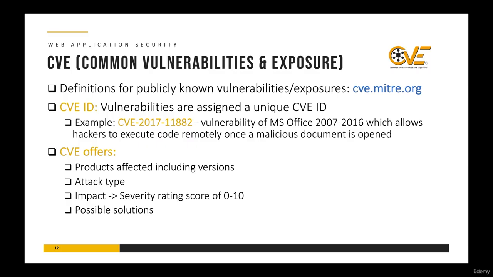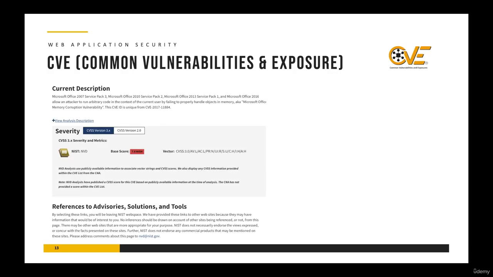This usually includes links to patches, for instance. The first item is the description, which provides an overview of the vulnerability. The second is the severity rating, which is 7.8, basically a high severity rating, and it also sometimes includes links to possible solutions.